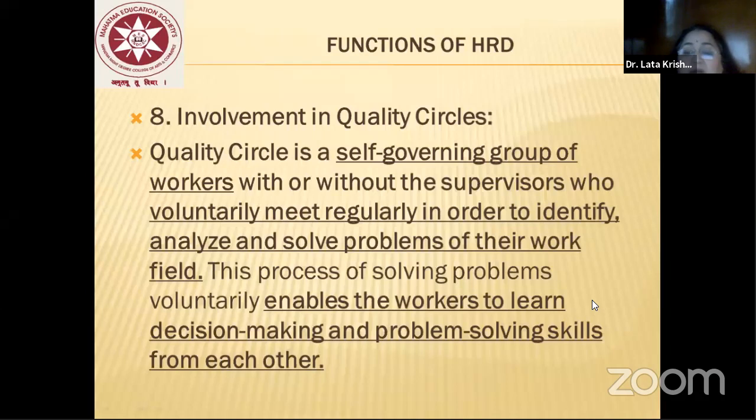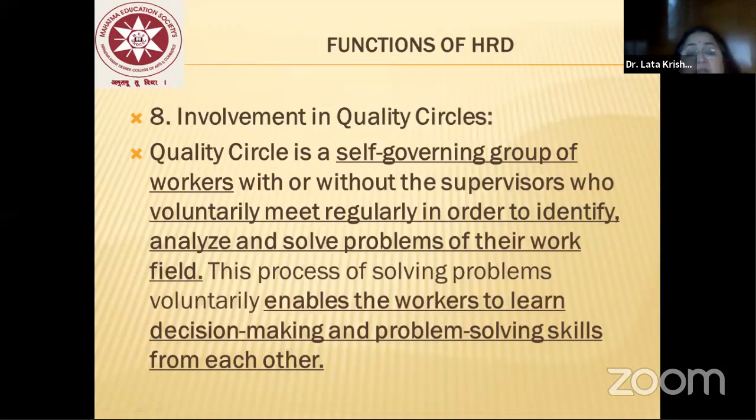It could be a worker, a foreman, a supervisor, or an engineer. People from different departments who are all involved in that production activity come together regularly and try to find out what those problems are and find answers to them. So this also comes under the purview of human resource development.